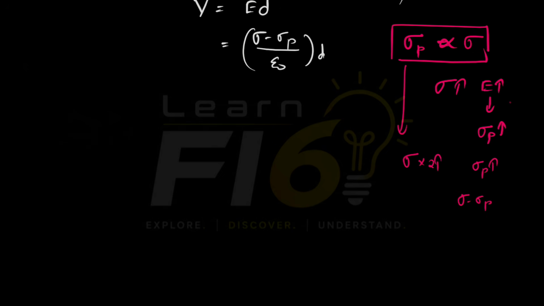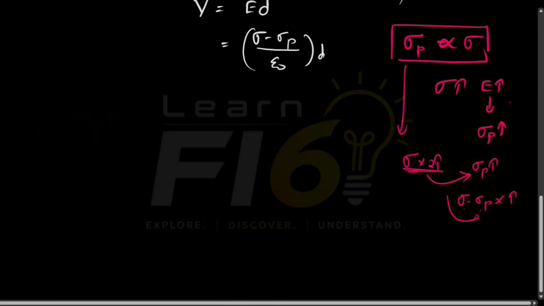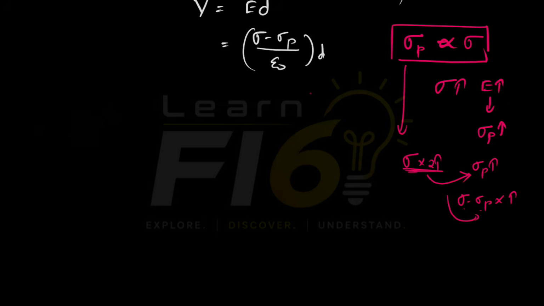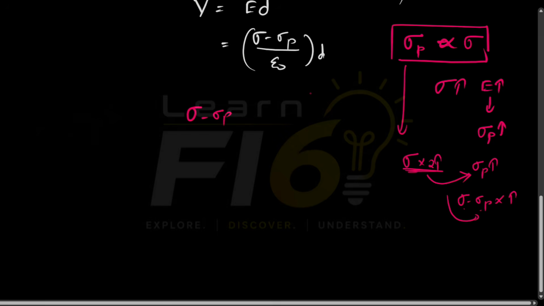If you subtract sigma p from sigma, their difference will also get doubled. Clear? If sigma is doubled, which in turn increases sigma p, this also gets doubled, so the difference between sigma and sigma p will also double. So we can directly say sigma minus sigma p is proportional to sigma. I'm telling this again: sigma p is completely dependent on sigma.